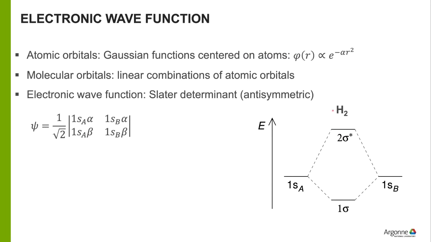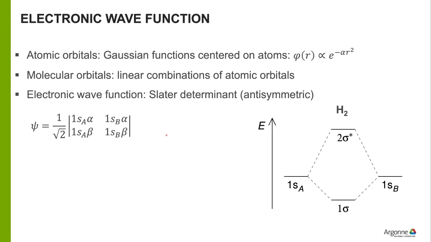And for simplest system H2 with minimal basis set, where you have one basis function for one atomic orbital, you have these two atomic orbitals with one electron on each orbital. And these atomic orbitals form two molecular orbitals, the bonding and anti-bonding one.